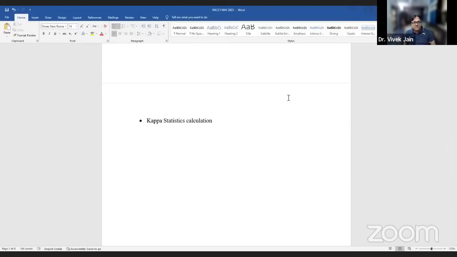In both you will have to see in how many both the investigators agreed on true positive, and in how many both replied no or true negative. That will be your observed agreement. Then you have to calculate expected agreement also by looking at their individual results. And then the formula: observed minus expected divided by 1 minus expected.